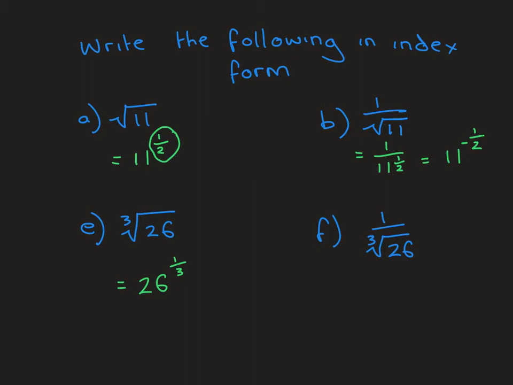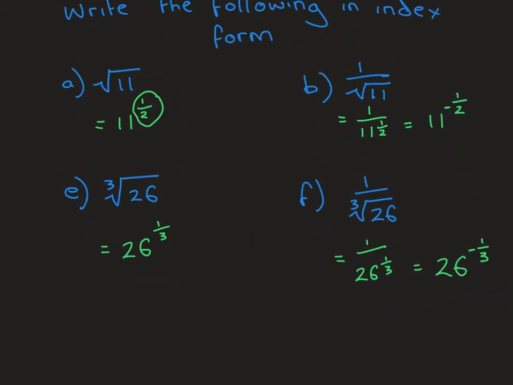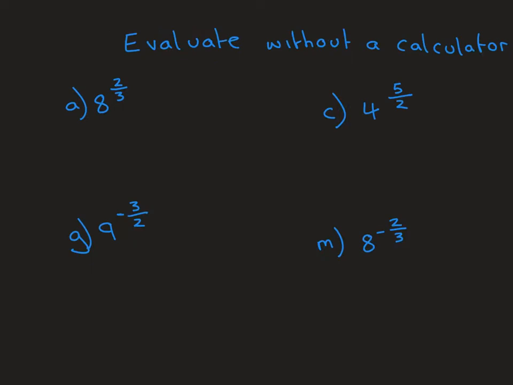Okay, and F is similar to what we saw in B, where that's going to be equal to 1 over 26 to the power of 1/3, which is then equal to 26 to the minus 1/3. Okay, and I don't think we've got any more on that slide. So go to the next one here.